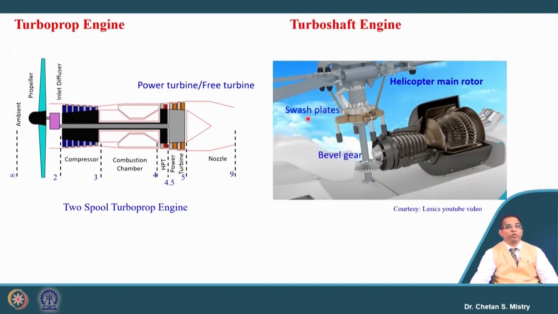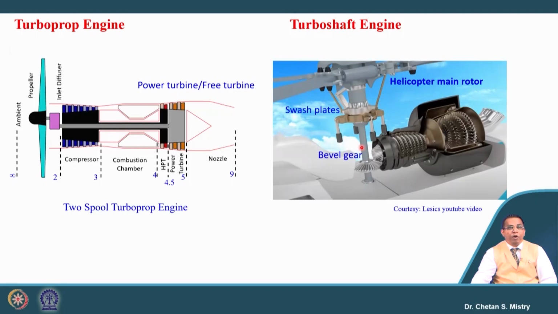Let us discuss this, so we have this as a reference. Now, just think of this engine, which is connected with the gearbox, and that is connected with the propeller. In place of that, we will use a similar engine here, and the power coming out through this shaft will be connected with the bevel gear here.